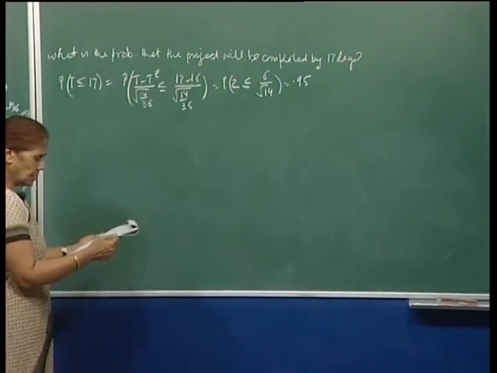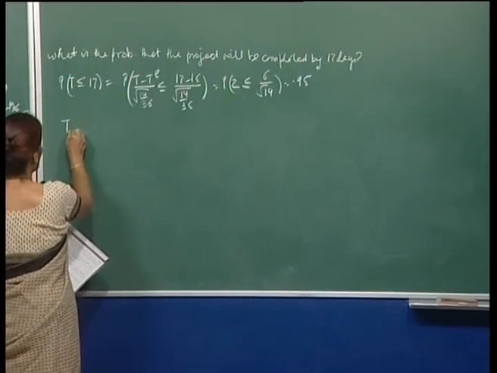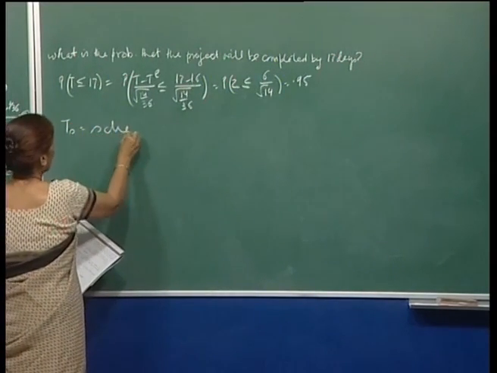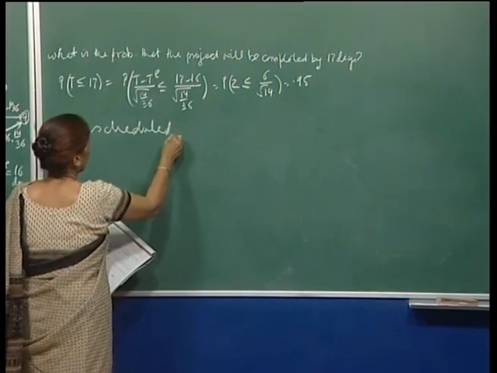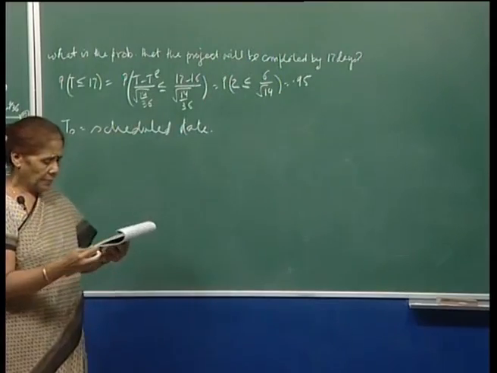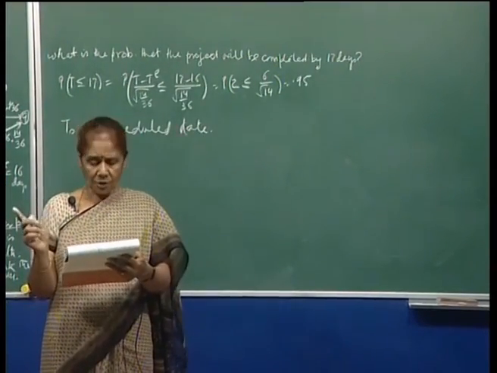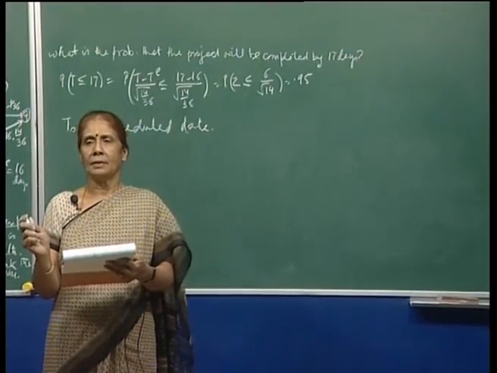The question asked is what is the value of T s. Your T s is the schedule date, so that there is only a 5% chance of exceeding the contracted date.